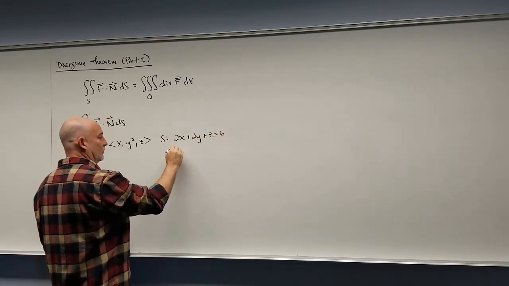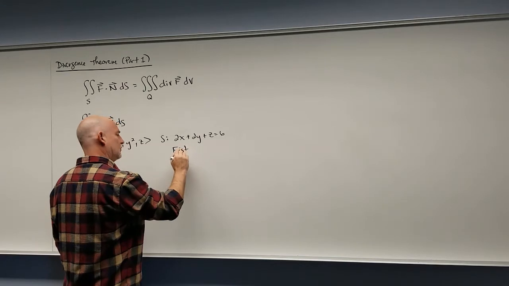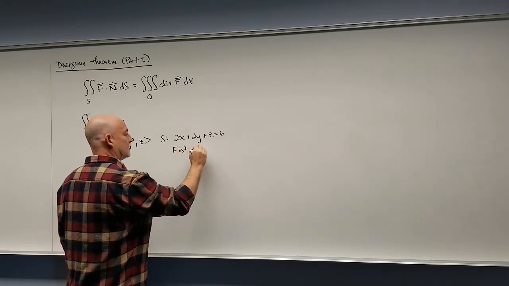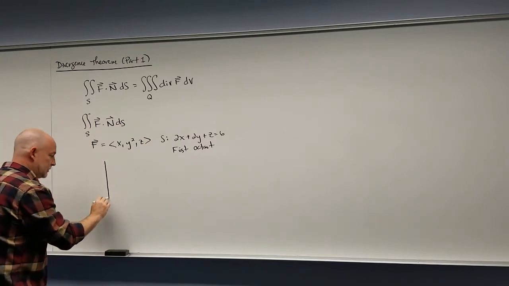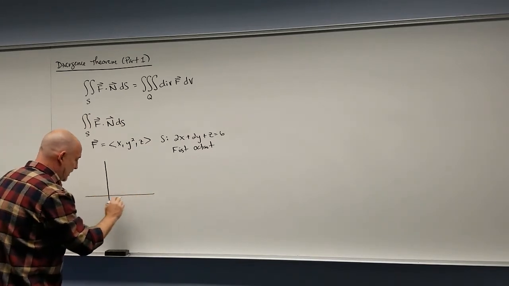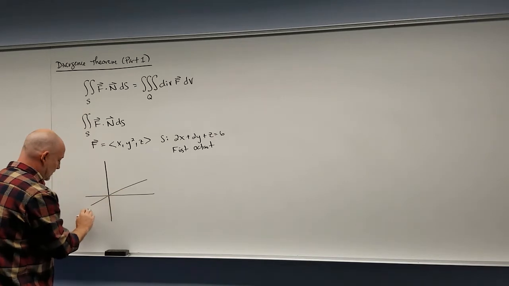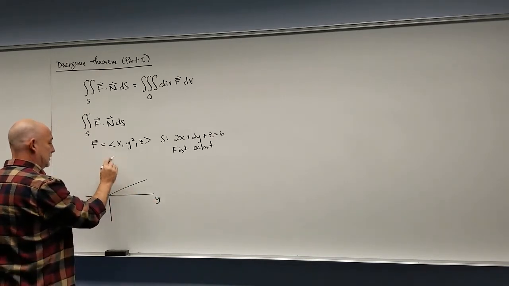And of course, like always when we do these, this will be in the first octant. So always helpful to do a quick little sketch here just so we can get an idea of what's happening. So y and z.